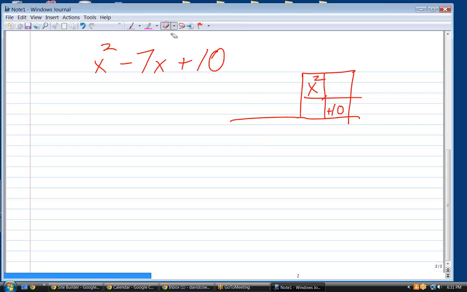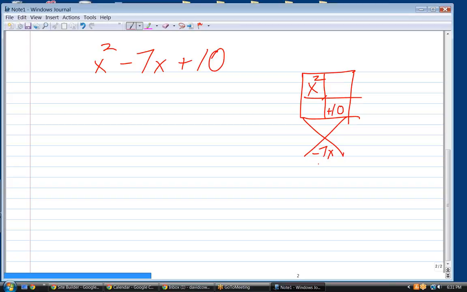No, like you draw an X underneath your box. Like that? Yeah. Okay. And then if you have an x with a variable in front of it, so the negative 7x, you put that in the bottom of the diamond of the X, basically. What it's called, a diamond.